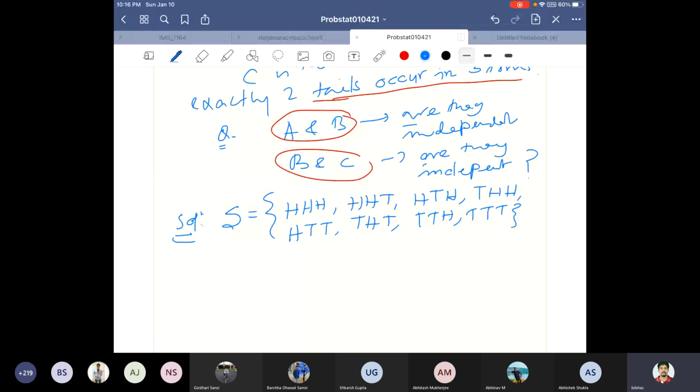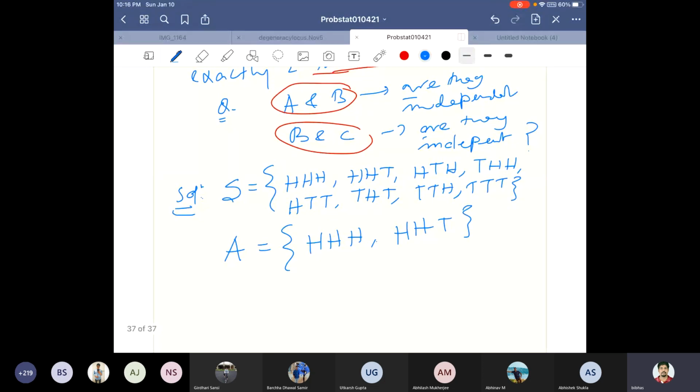These are the possible outcomes of the experiment. Now, what is A here? A is first 2 times head. That means it can be HHH or HHT. This is the event A. I mean, A occurs means either 3 heads, or first 2 heads and third toss is tail.